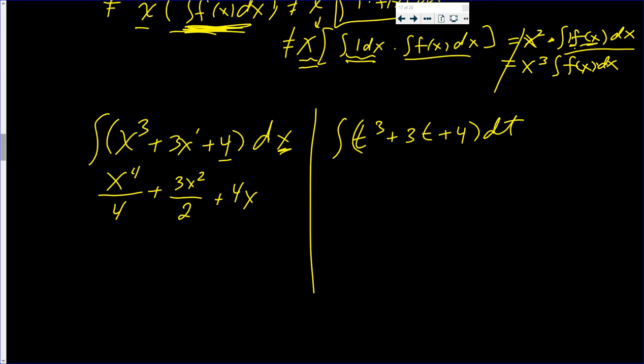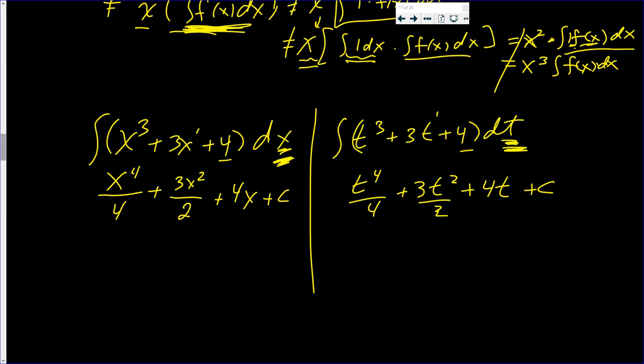Over here, we're taking the derivative with respect to x. Here we're taking the derivative with respect to t. So we'll get t to the 4 over 4, add 1 to the power, divide by that power. The integral of a constant is a constant times a variable plus a constant.